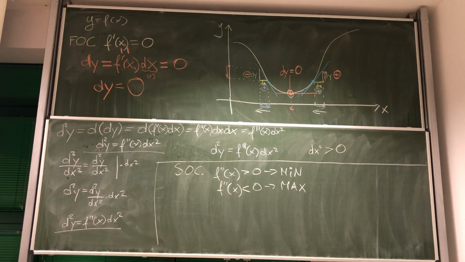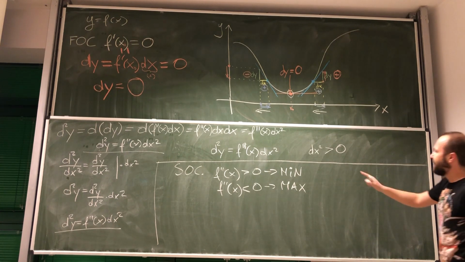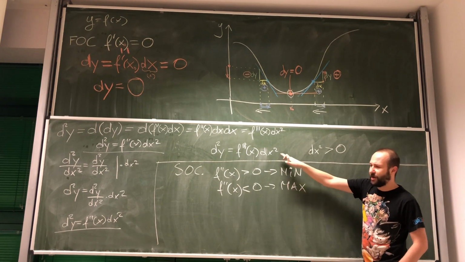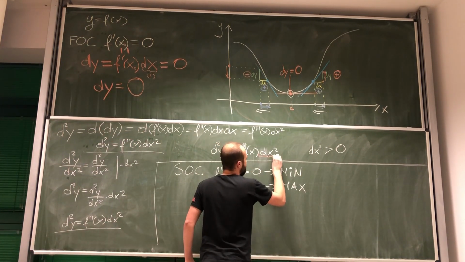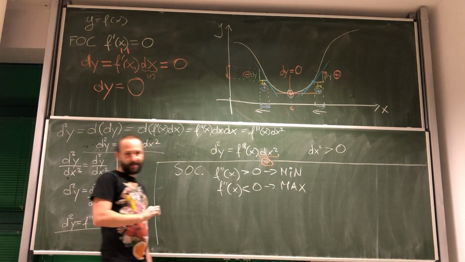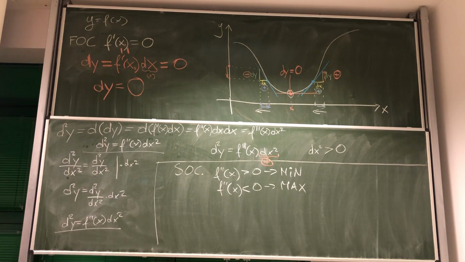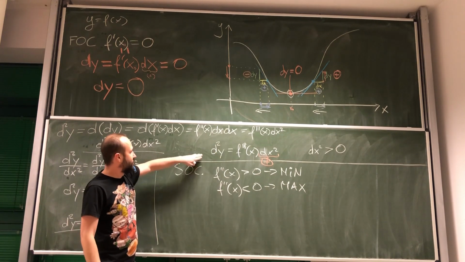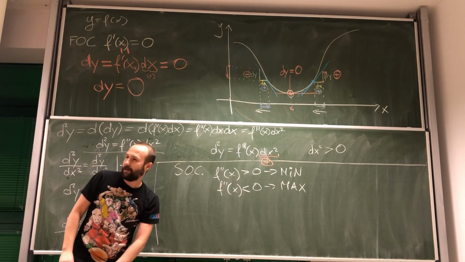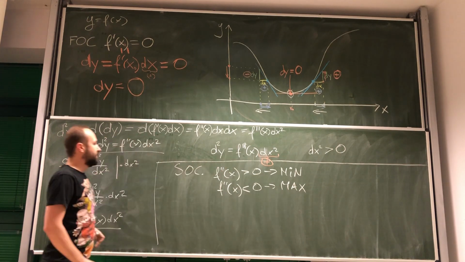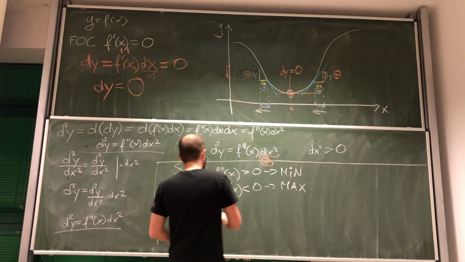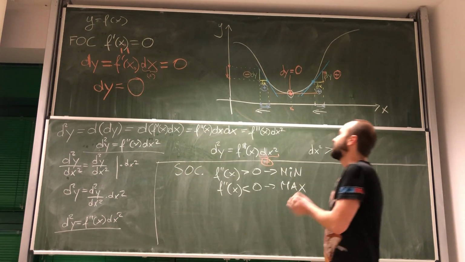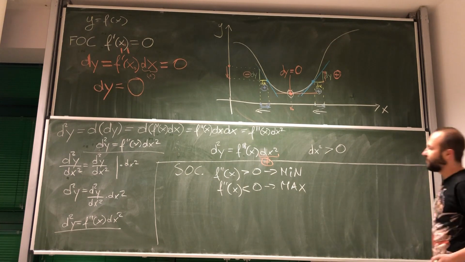Okay, but if this is the case, then probably we can deduce the connection. And look, the connection here is straightforward. This part of the second differential is definitely positive, right? So, again, the value of d squared y solely depends on the value of the second derivative this time. And this is how we obtain second order conditions in the form of differentials.